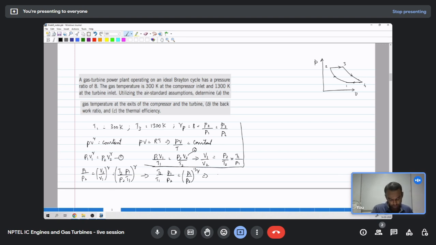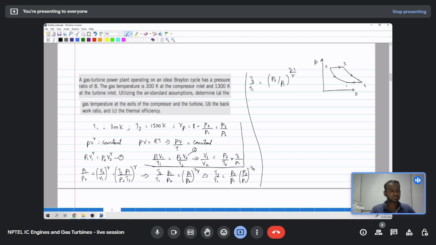So this will be T2 by T1 is equal to P2 by P1 power minus 1 by gamma, and since it is 1 minus 1 by gamma, we will have T2 by T1 is equal to P2 by P1 power gamma minus 1 by gamma.